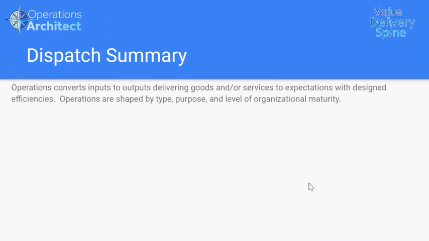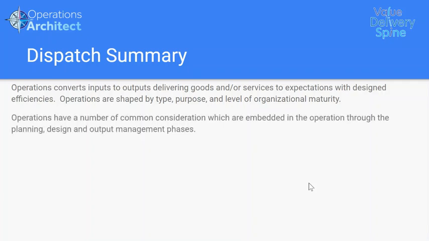So the summary here is operations are designed to give consistency to the organization, and give consistency to customer experience, give consistency to the candidates you're hiring, etc. But it's a clear set of activities that get you through a process and comes out the other side with a desired outcome. These operations have a number of common considerations that need to be taken into account when designing.